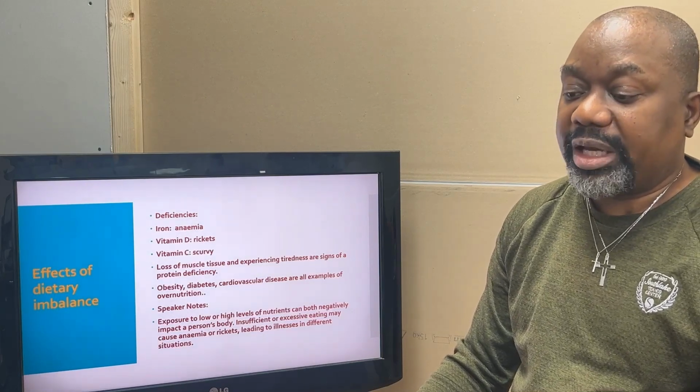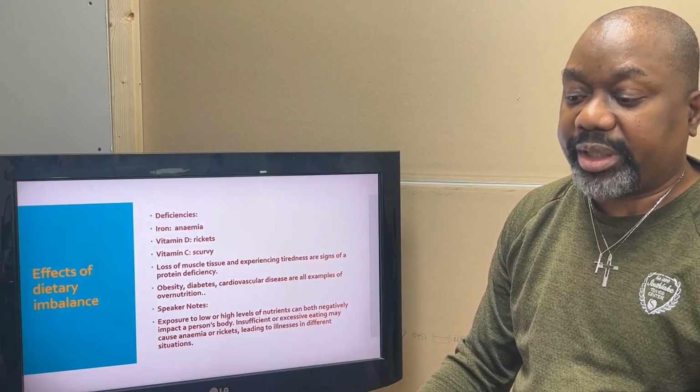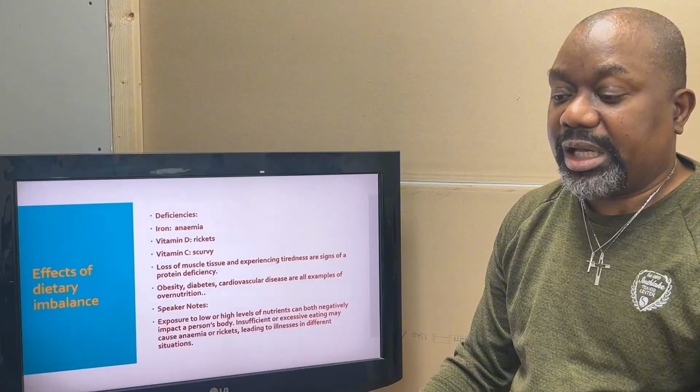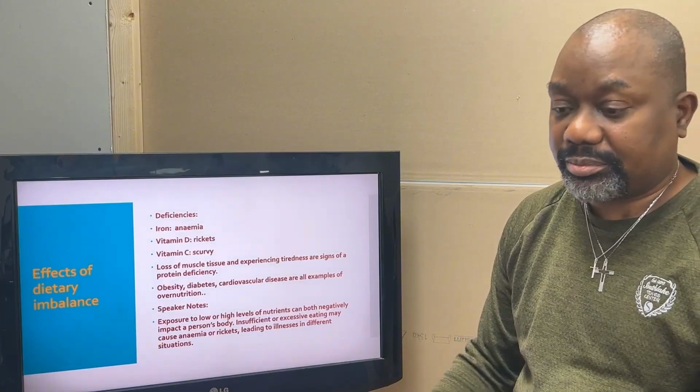Insufficient or excessive eating may cause anemia or rickets, leading to illnesses in different situations.